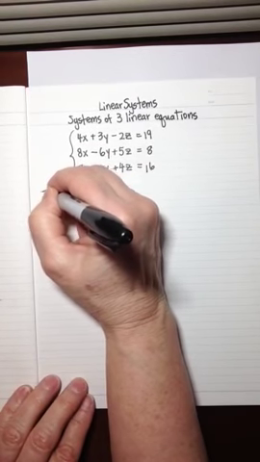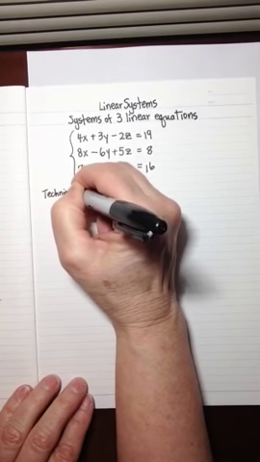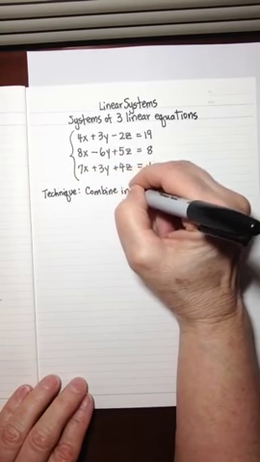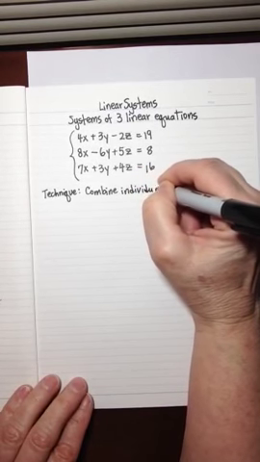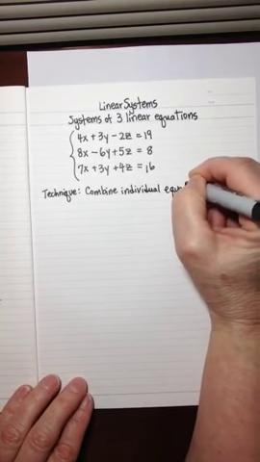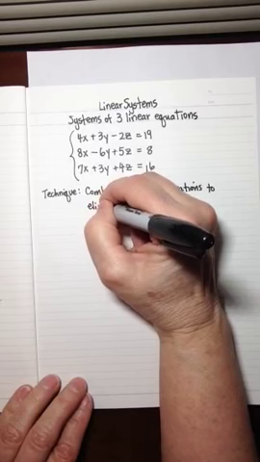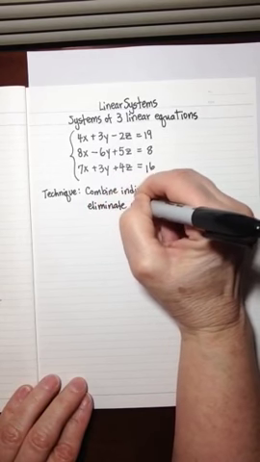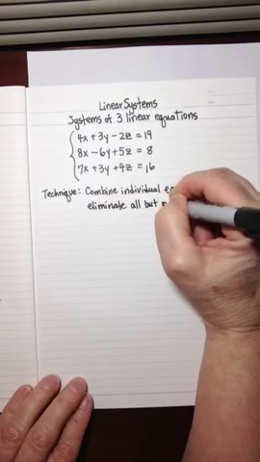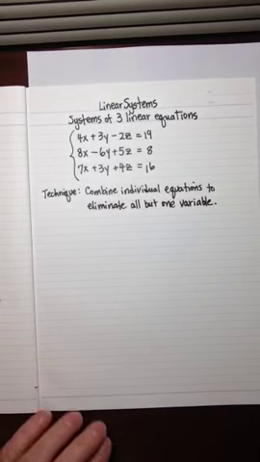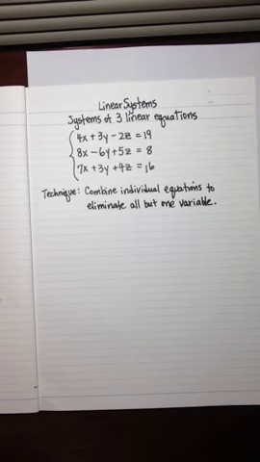The technique that we use to solve these equations is to combine the individual equations to eliminate all but one variable, and that's how we would start. To start out, we're going to find a solution for either x or y or z by combining those equations.